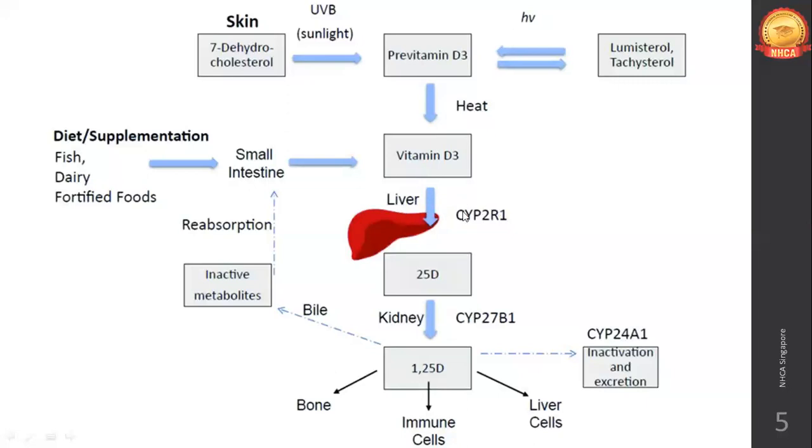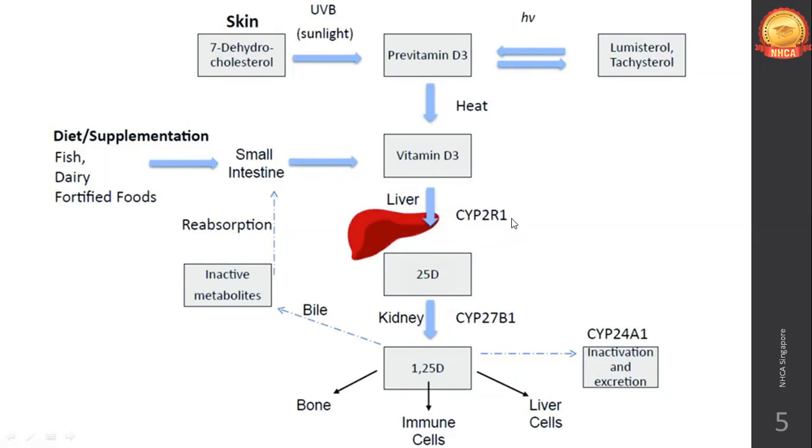And because of the enzymes present in the liver, CYP2R1, that is one of the enzymes present in the liver, it is converted into 25 hydroxycholecalciferol. And then it goes to the kidney, where another enzyme, CYP27B1, is present.